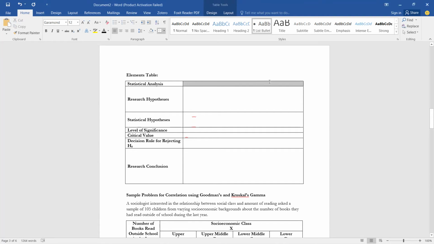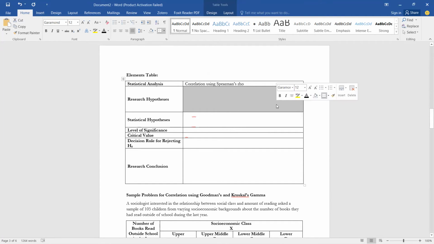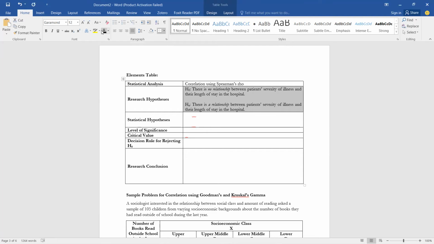Here, so the statistical analysis used is Spearman's rho. And then the hypothesis, the null and alternative, will look something like this. This is like a variation of our research hypothesis for Pearson's R earlier. There is no relationship between patient severity of illness and their length of stay in the hospital.